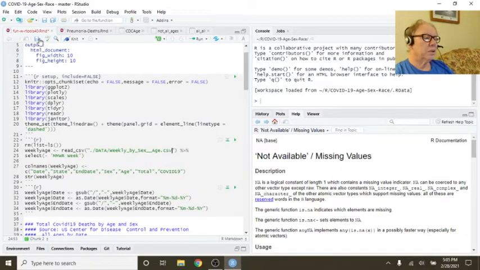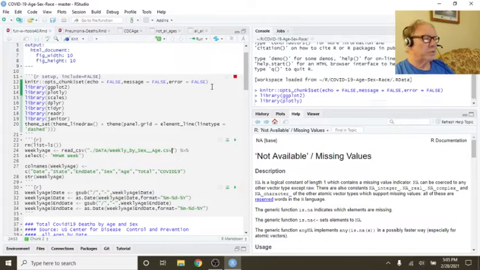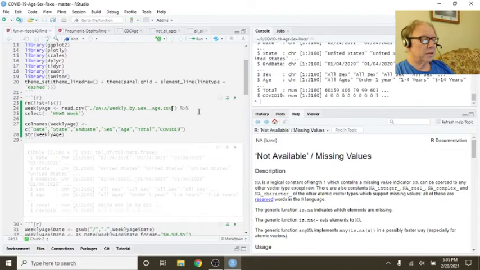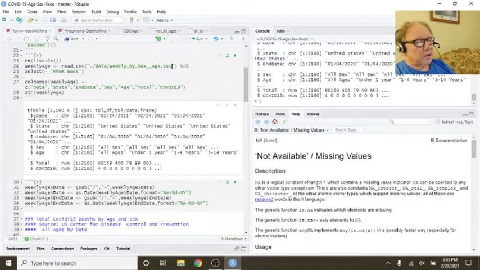All right. Let's fire up some libraries. Let's read our initial data set. So what we see here now is date, state, end date, which we don't really need.